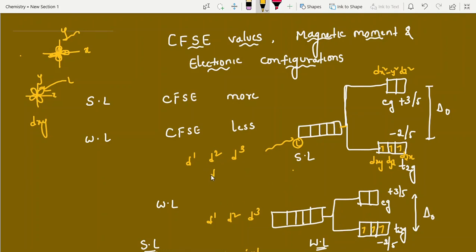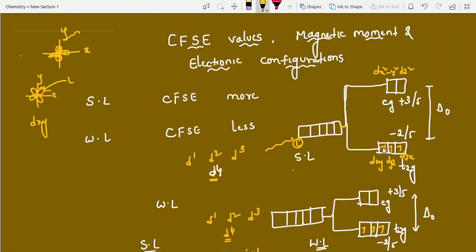Now the d4 configuration, I am writing here. For the d4 configuration, students, listen carefully. The electrons either fill here and then jump, depending on the ligand, depending on the crystal field stabilization energy. If the splitting energy gap is more, then instead of jumping, pairing will take place here.